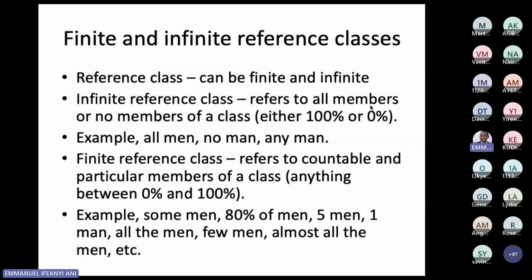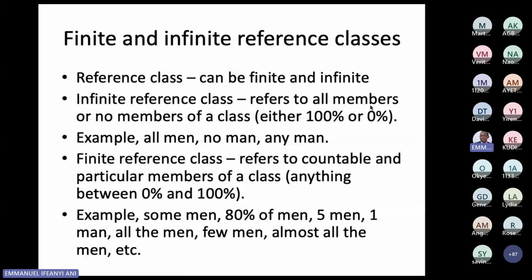For instance, all the men in this class, in this university, in this hostel, in this town, they are all countable. Then few men, almost all the men, all countable items. So in summary, the infinite reference class contains uncountable items. The finite reference class contains countable items.